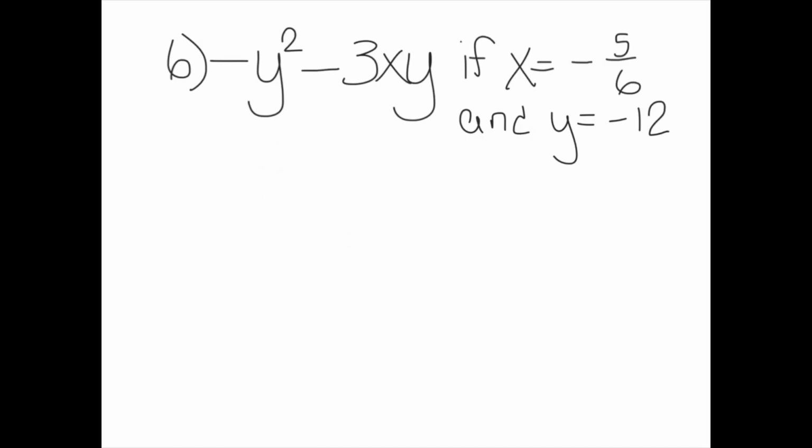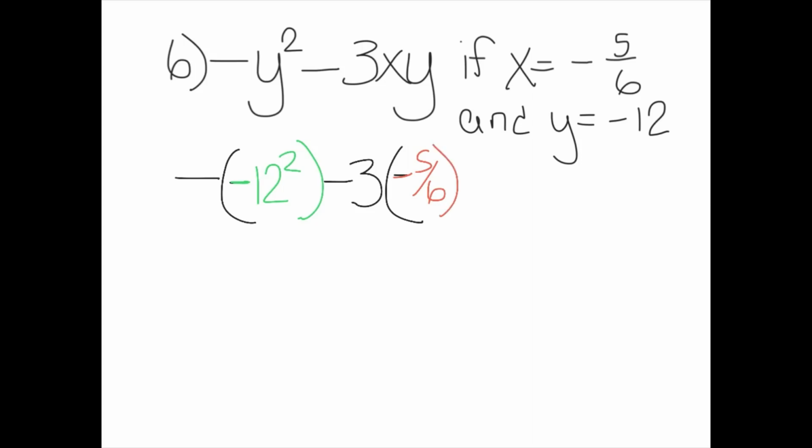All right, number 6. Negative y squared minus 3xy, if x is negative 5/6 and y is negative 12. So negative y squared, where y is negative 12 squared, and minus 3 times negative 5/6, and it's next to y, so times negative 12.